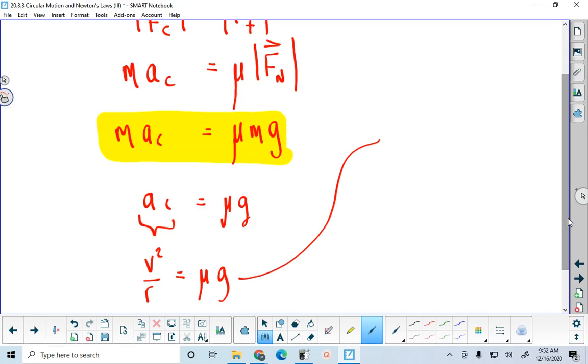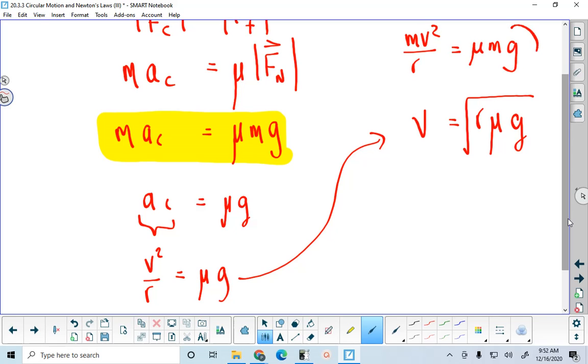And we can rearrange this now and get v equals the square root of r mu g, but we have to take the square root. And by the way, you could have just said m v squared over r equals mu m g. I mean, a lot of you will start here in this type of question. But you would have to explain it on an exam or a question on an assignment.